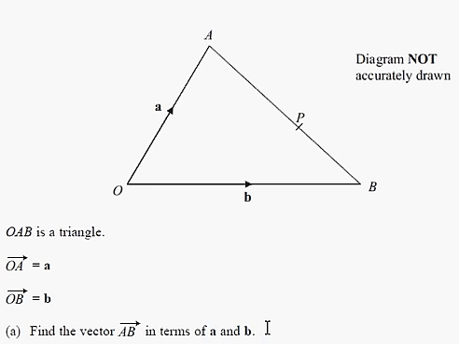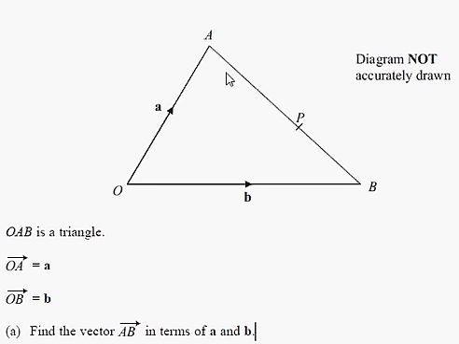To do this is kind of like a game, and I love vectors, to be honest. OAB is a triangle, so from O to A, that's the vector a. From O to B, that's the vector b.